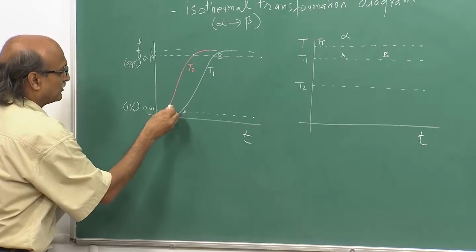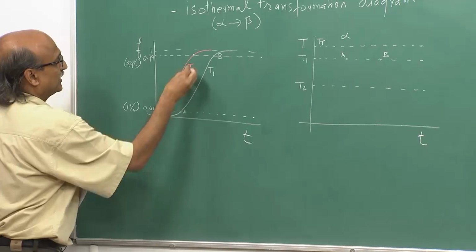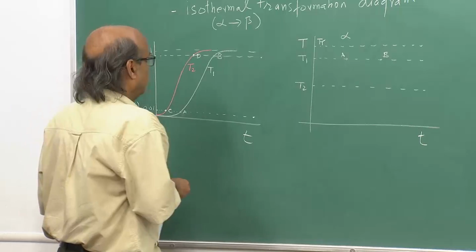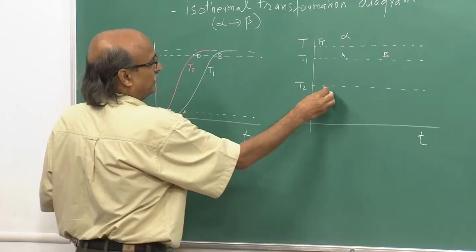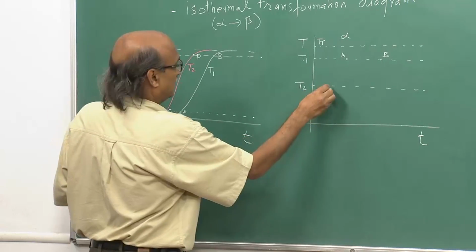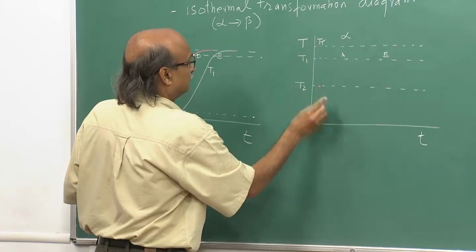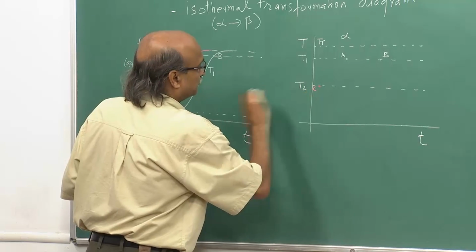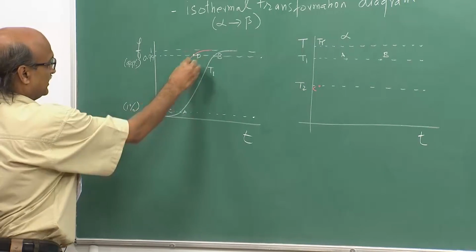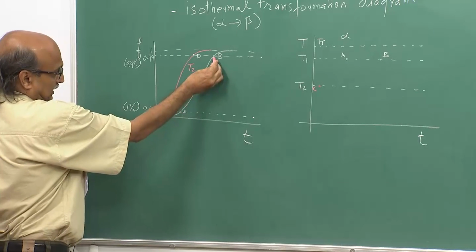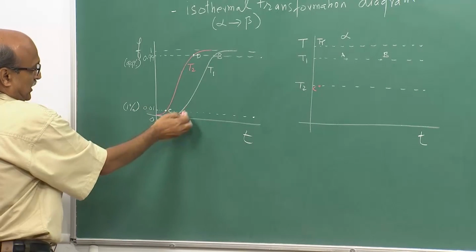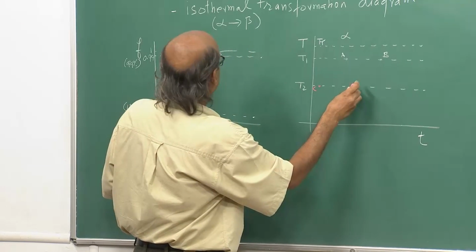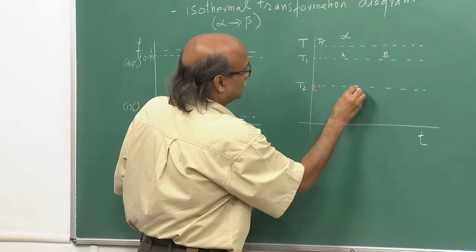Let me call these points C and D. Point C will be somewhere here, and point D would be at a time earlier than point B, but greater than point A, so it may be somewhere here. So, these are points C and D.